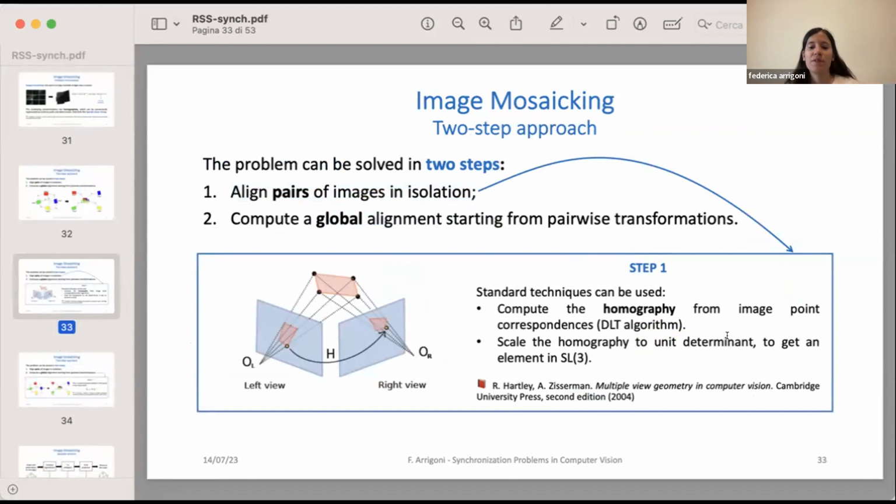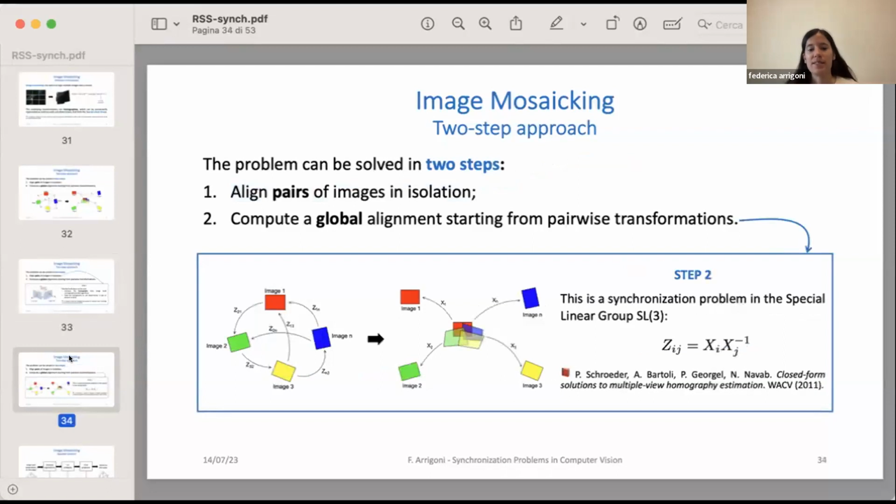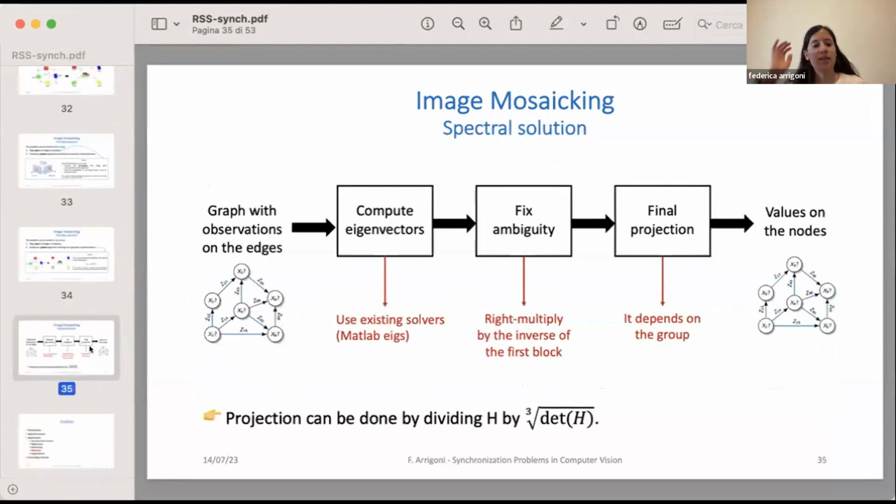Then these homographies are scaled to unit determinant. Our focus here is the second step, since it is a synchronization problem, in particular a synchronization problem defined in the special linear group. Hence, also in this case, we can solve the problem using the spectral solution that has the same structure as before.